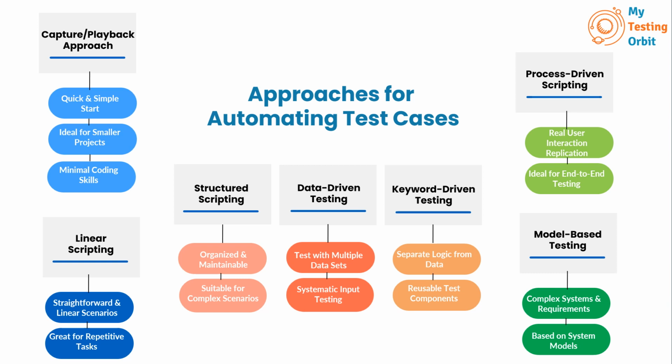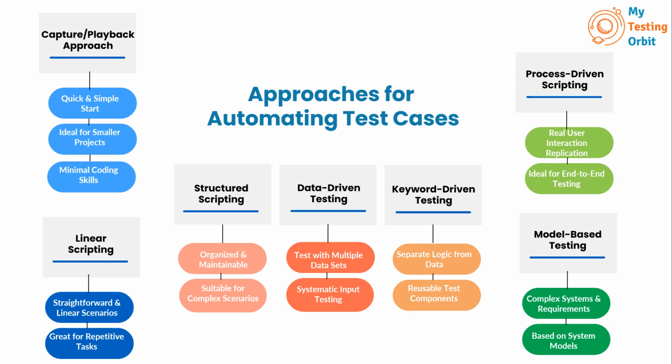Now remember, there is no one size fits all answer. The choice of test automation approach depends on various factors, including project size, complexity, available resources, and also your team's expertise. And before making a decision, evaluate your specific testing needs and consider the pros and cons of each approach.